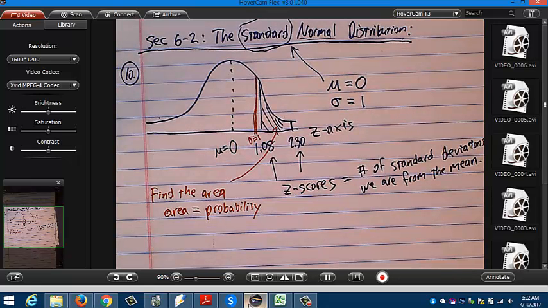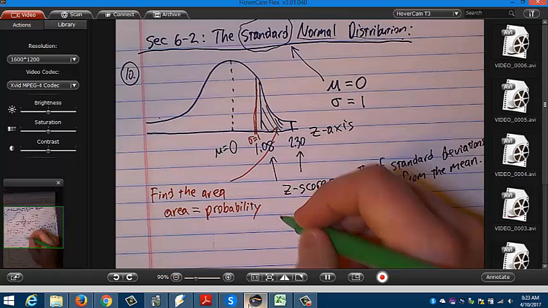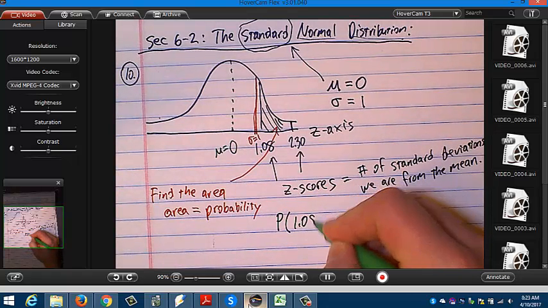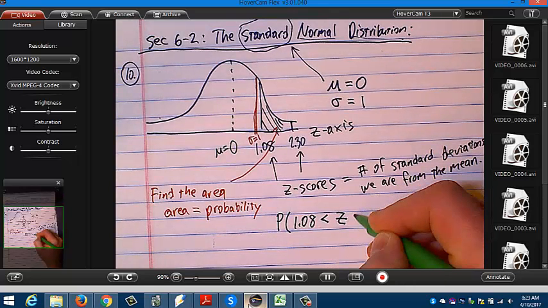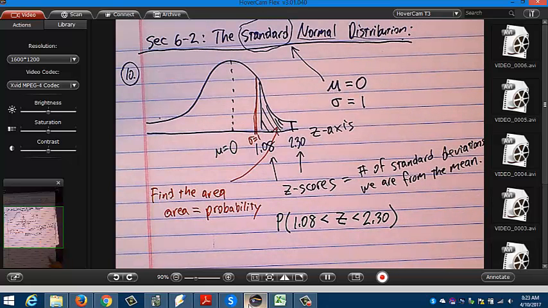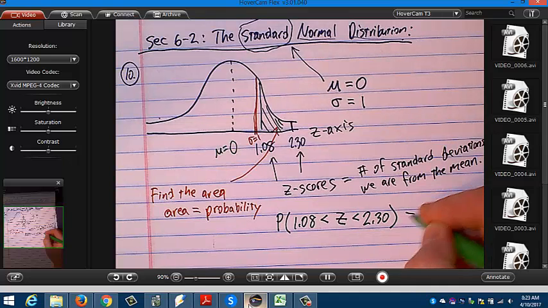And so if I wanted to use the language of probability, here's what I would write. How would I read that? That's the probability that z is, the fast way to read it, z is between 1.08 and 2.30.